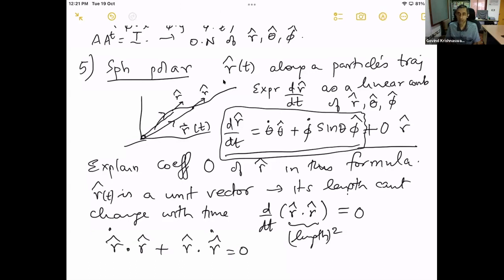The two terms are the same. So I will get r hat dot dotted with r hat equal to 0. The two cancel out. So it is saying that the r hat component of r hat dot is 0. And that is indeed what we found here.